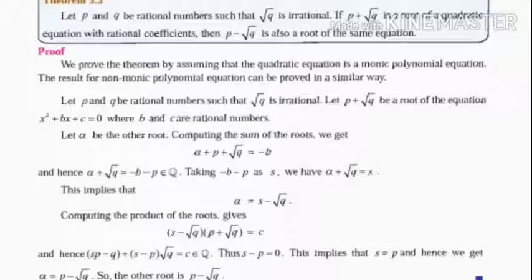Then automatically I can say that p minus root q is also a root of the same quadratic equation. Instead of the conjugate, it will have minus root q.